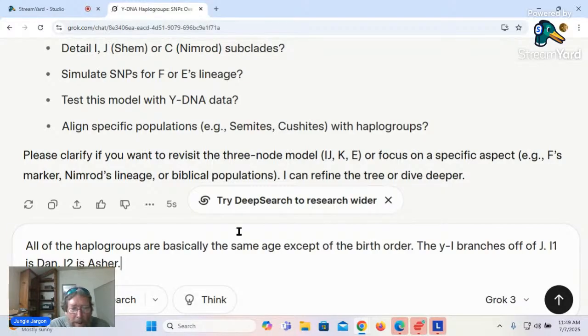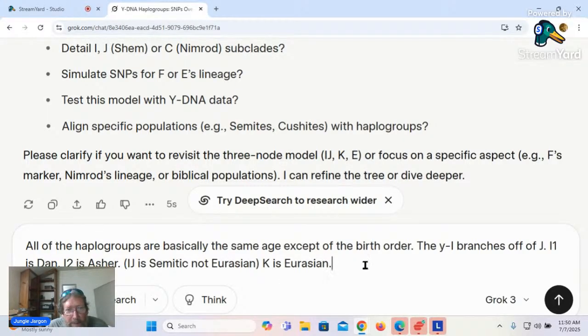So I'll just say IJ is not Eurasian. IJ Semitic, not Eurasian. K is Eurasian. Okay. 7 sons. Okay.